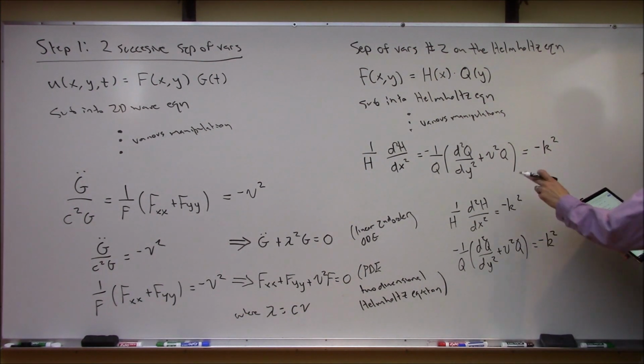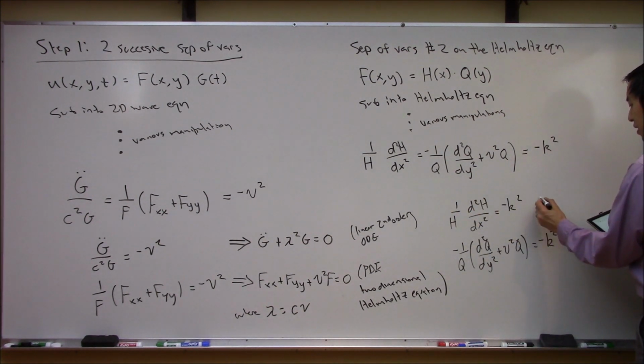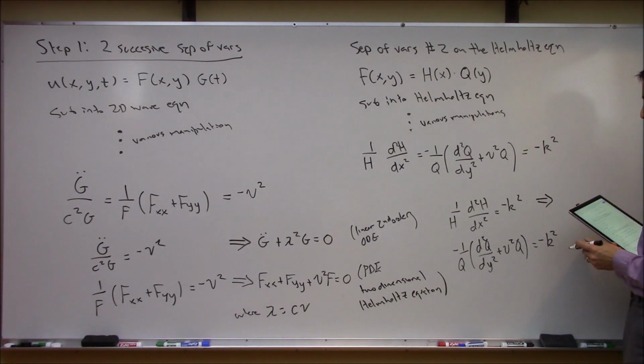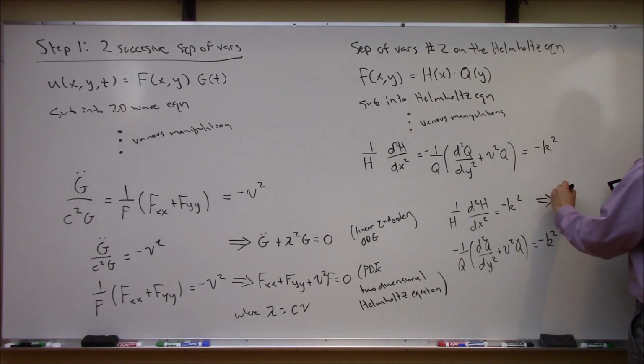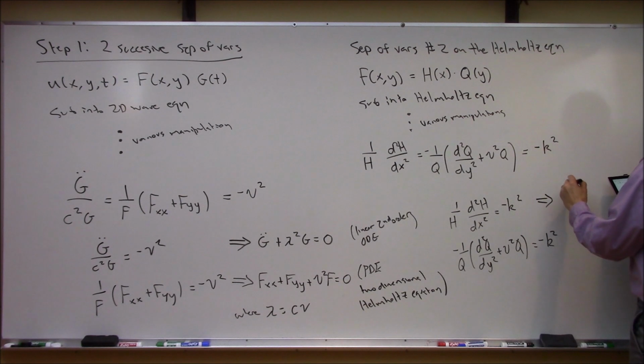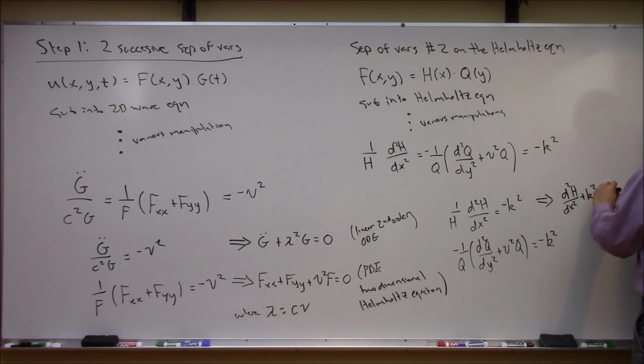Okay, and then again, we can basically, sorry, I'm pointing at the wrong thing. This thing, we could rewrite this in a slightly nicer fashion here, so that it might look like a more reasonable ODE that we've seen before. So this thing could be rewritten as d squared h dx squared plus k squared h is equal to 0.